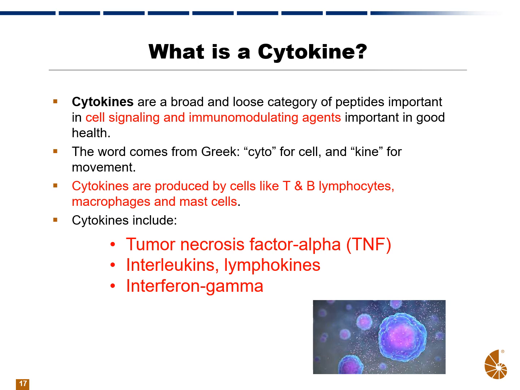And in disease, there's an overproduction of these cytokines produced by cells like T and B lymphocytes, macrophages, and mast cells. And you get tumor necrosis factor alpha, interleukins, lymphokines, and interferon gamma that all contribute to this cytokine soup and cause inflammation.